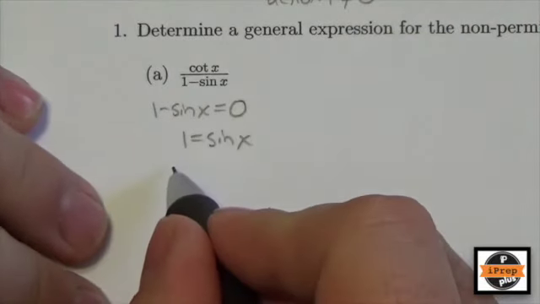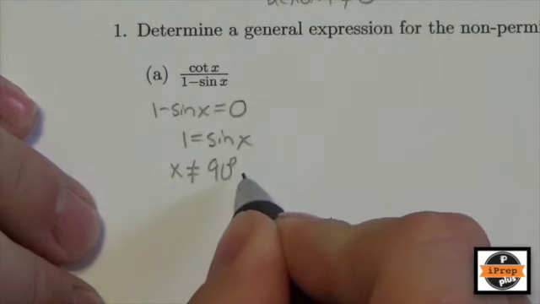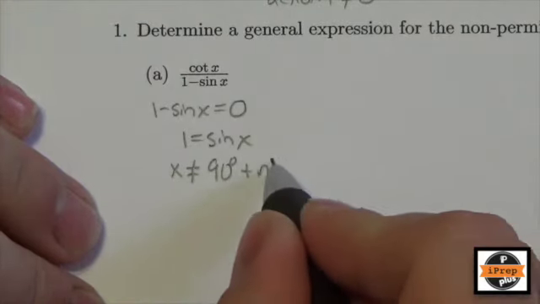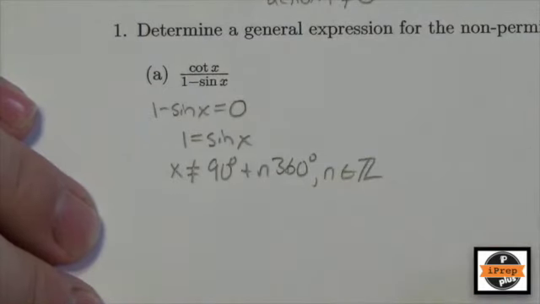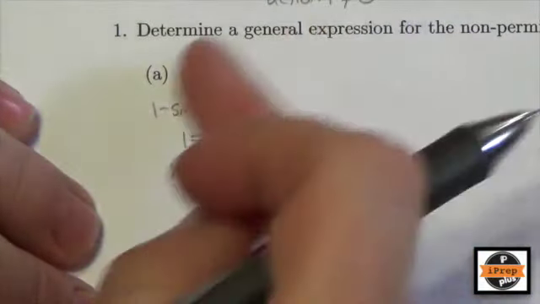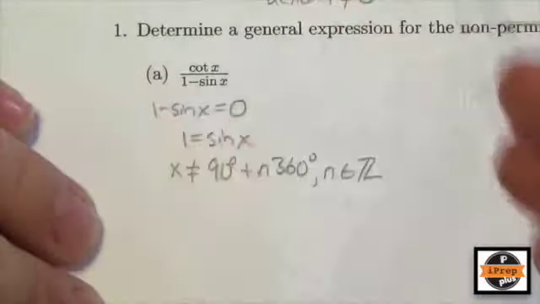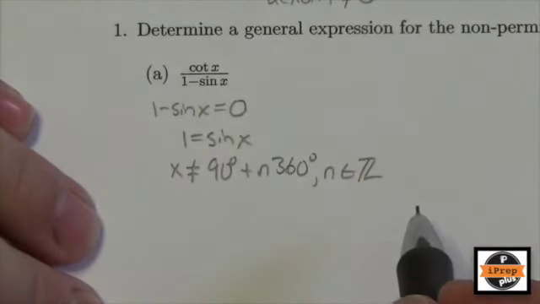So I cannot let x become 90 degrees or 90 degrees plus any multiple of 360. I can't let it point up, and even if it wraps around and again is pointing right up along the positive y-axis, that's a non-permissible. So that's one set of non-permissibles.